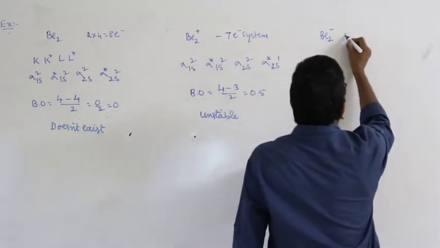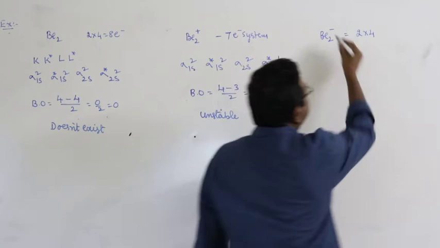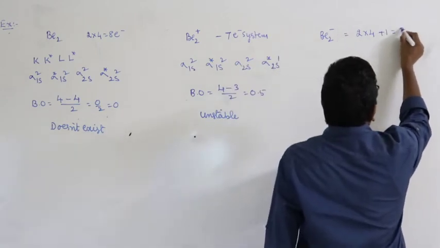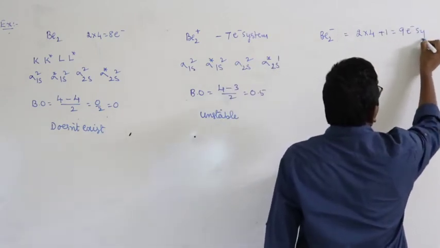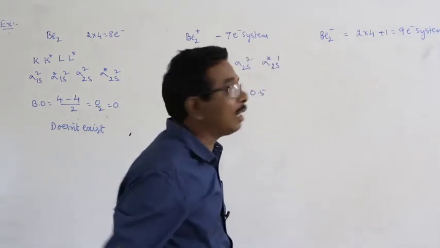Okay, Be2 minus, 2 beryllium atoms, 2 into 4, 8. 8 plus 1, that is equal to 9 electron system. How can you represent the electrons in the molecular orbitals?